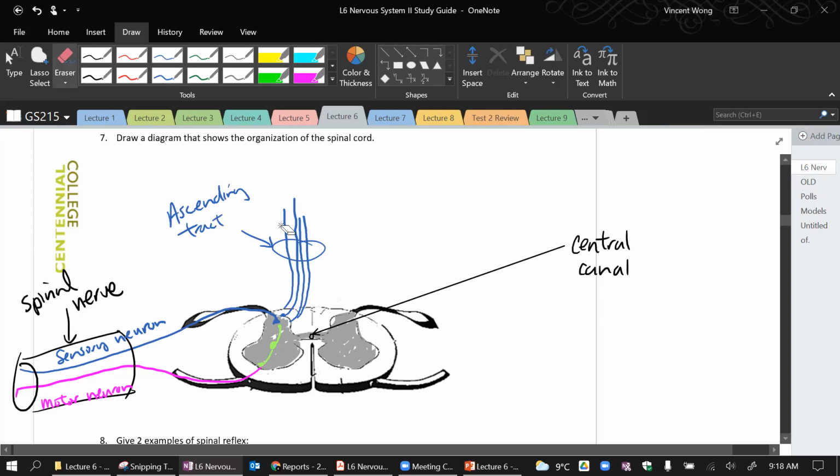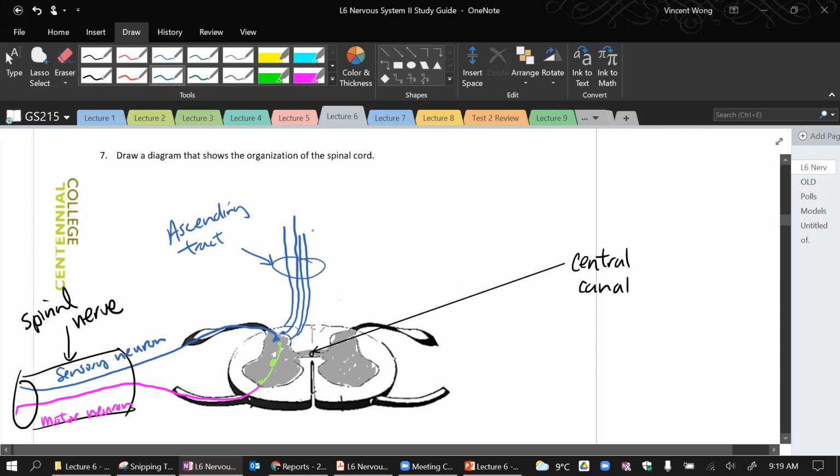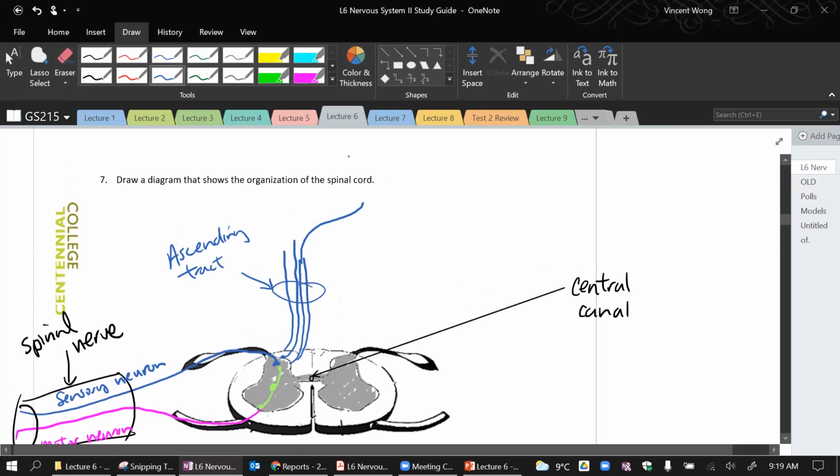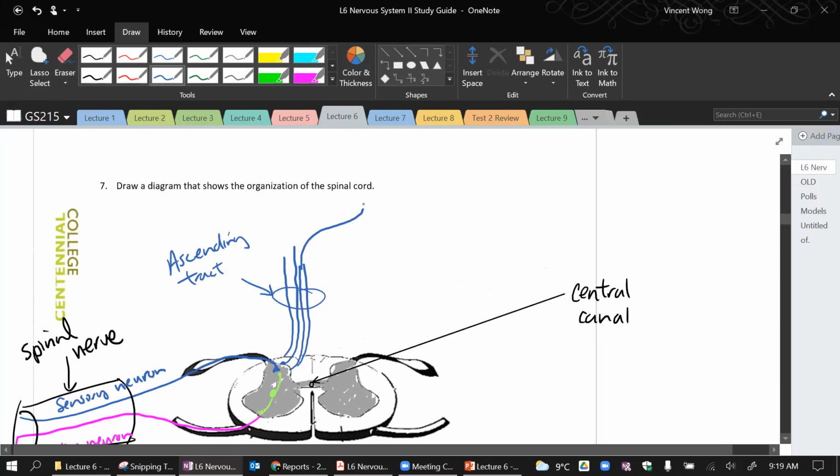These are white matter, containing the sensory information from all over the body. Somewhere along the way, they will cross the midline, usually at the brainstem, at the medulla oblongata, and then they will go up to the thalamus.